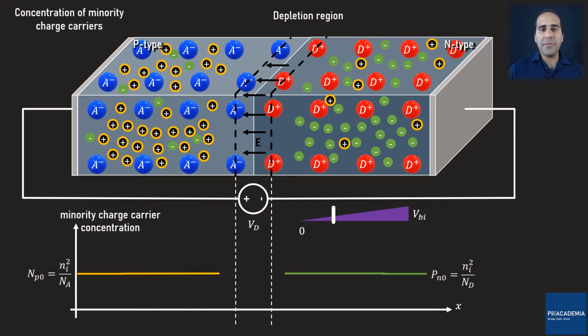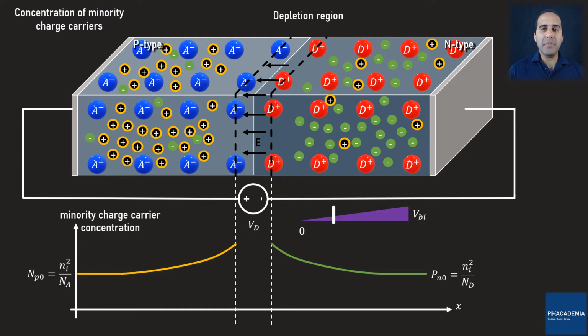As a result of this magnified diffusion process, the density of holes in the N semiconductor near the edge of the depletion region significantly increases, and also the density of free electrons in the P semiconductor near the edge of the depletion region significantly increases.